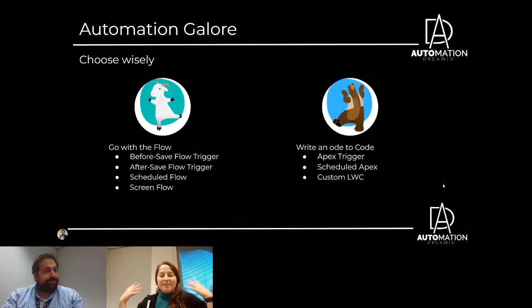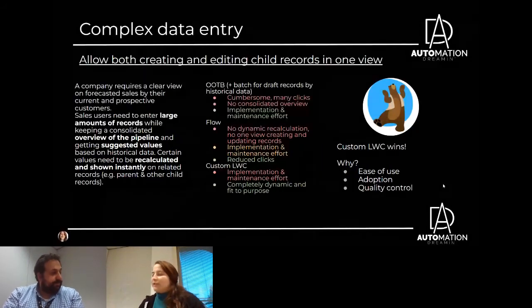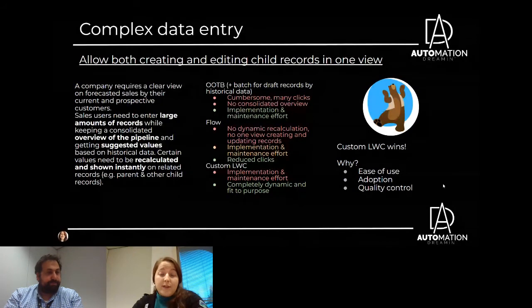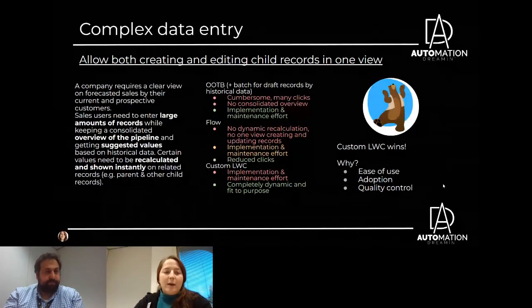Let's dive in and give some examples to really understand how this decision-making process works and what we should take into account. We're going to start with an example of complex data entry. In a nutshell, they want to allow both creating and editing child records in one view. Our hypothetical company wants a clear view of their forecasted sales by their current and prospective customers.